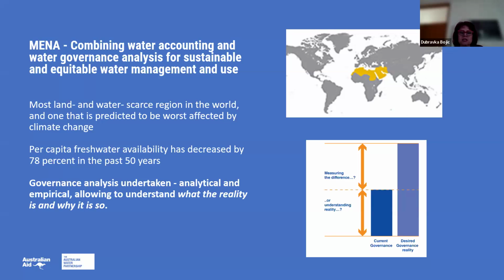So the tension is really high and the scarcity is increasing more than ever. The governance analysis that we did did not aim to measure the difference according to some kind of indicators or pre-established criteria, but really was aimed to understand what is the reality on the ground and why is it so.